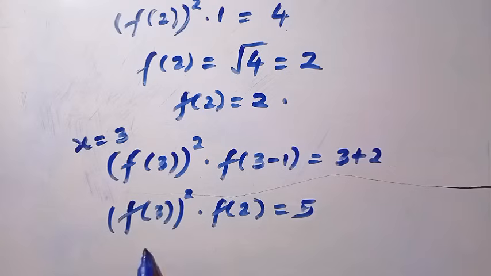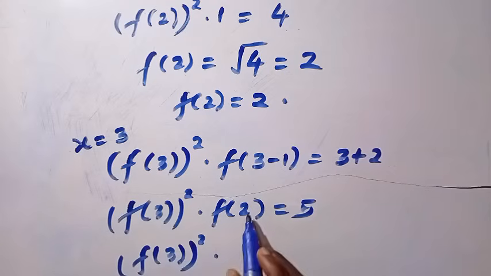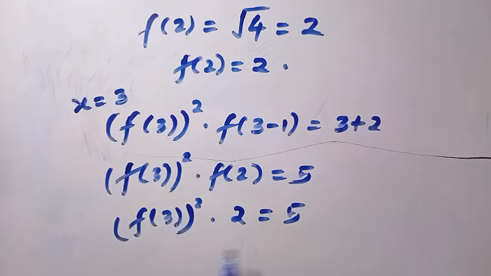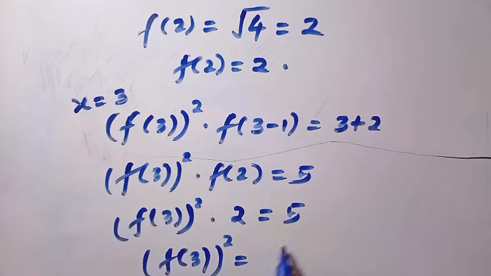With f of 2 given as 2, this equals 5. Dividing both sides by 2, we have f of 3 squared equals 5 divided by 2.